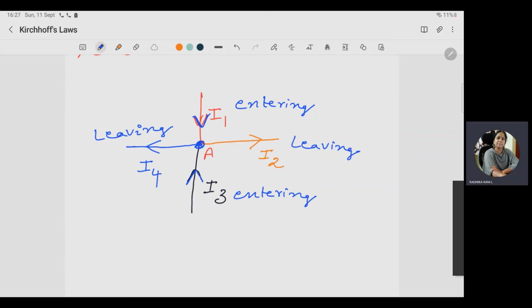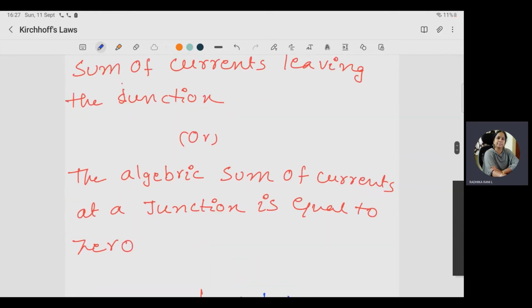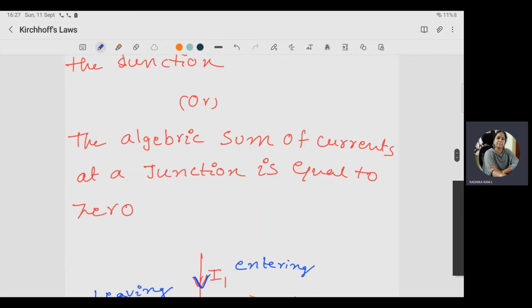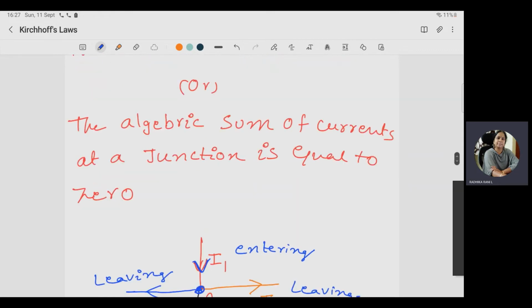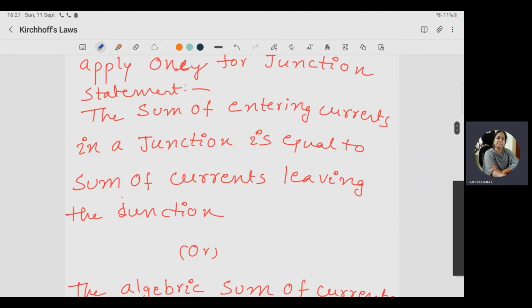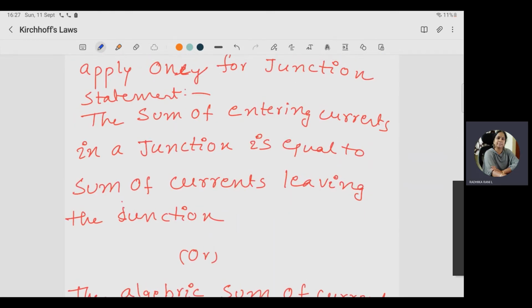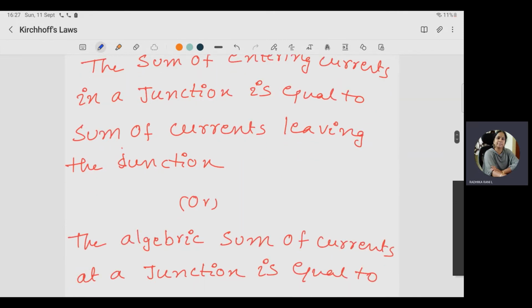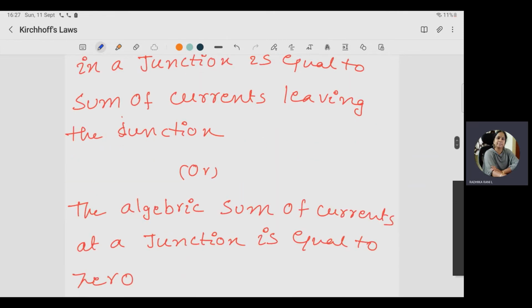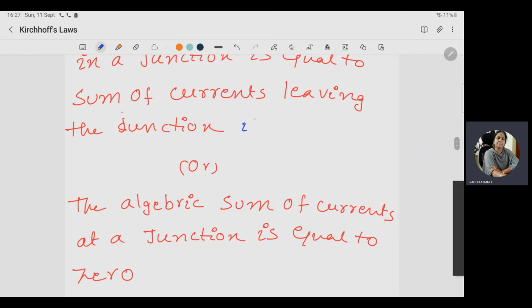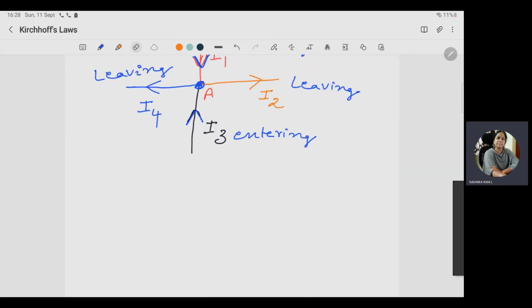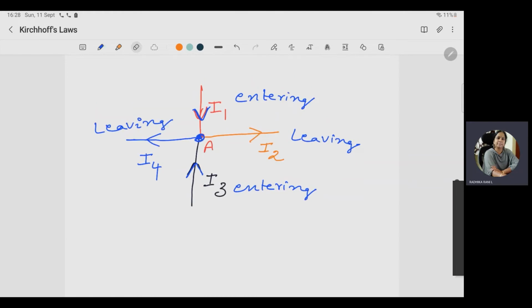Then how to write the statement of KCL? The sum of entering currents is equal to the sum of leaving currents at a junction. What are the currents entering here?